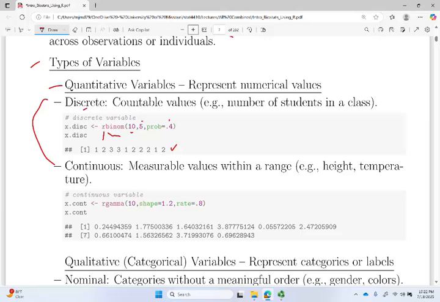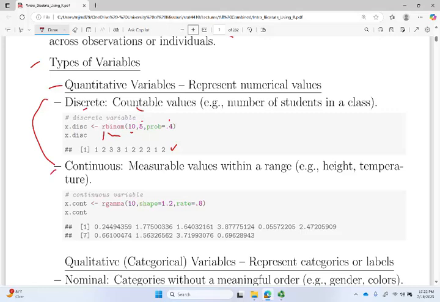But a discrete variable doesn't have to be an integer. If the only values that we can collect are 1.3, 1.5, 1.7, and 1.9, then it's discrete. So it's very distinct observations. It's numeric. It's countable.